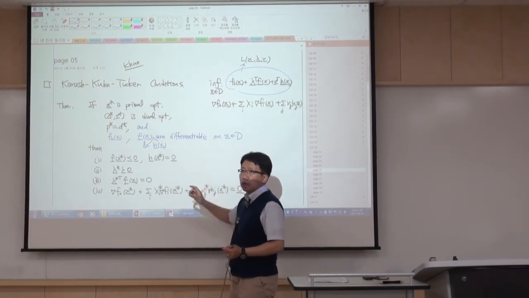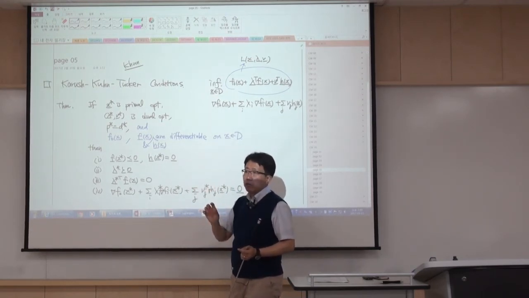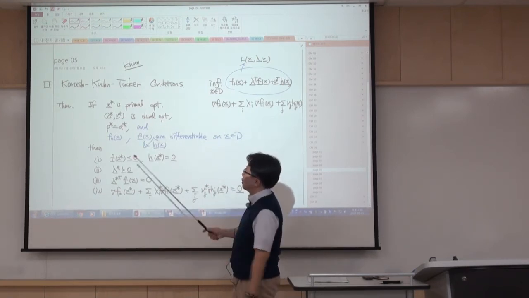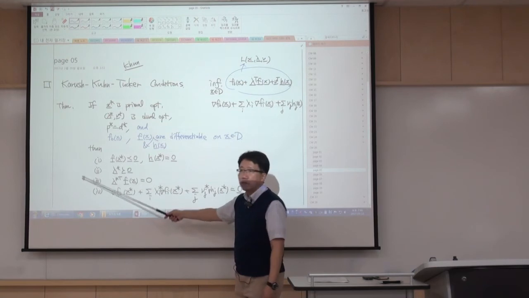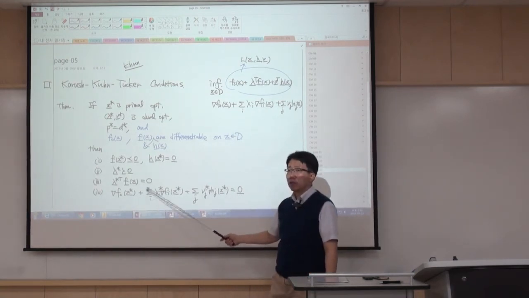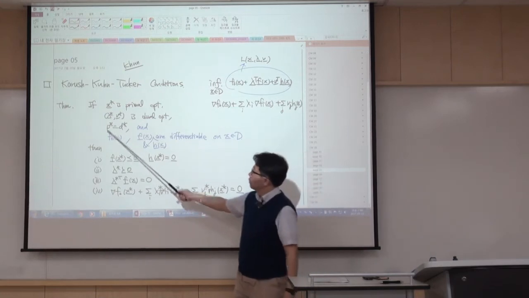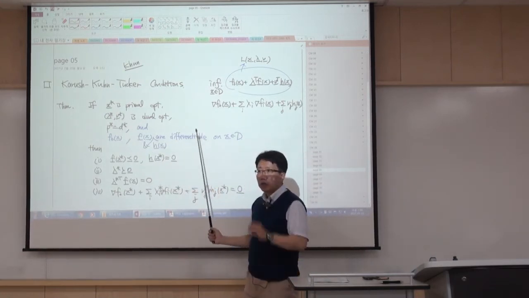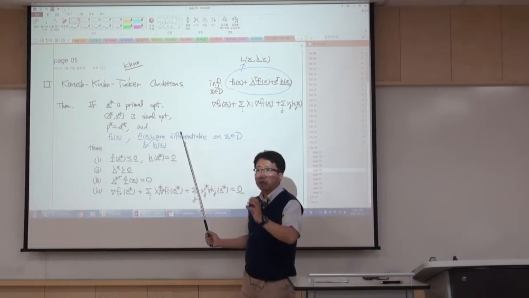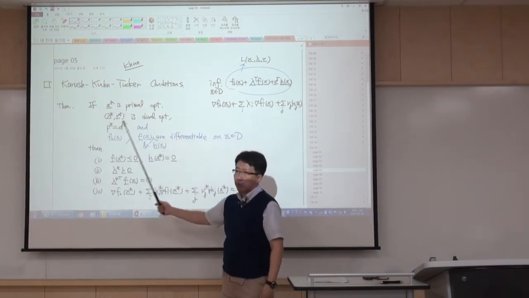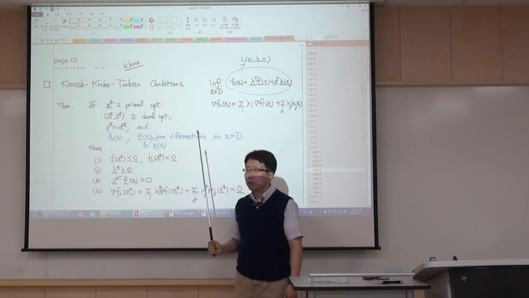You find a triplet, any triplet, for example, every triplet x, lambda, nu satisfying these four conditions. Then what can you say? If this holds, one of the triplets must be the optimal triplets, right?